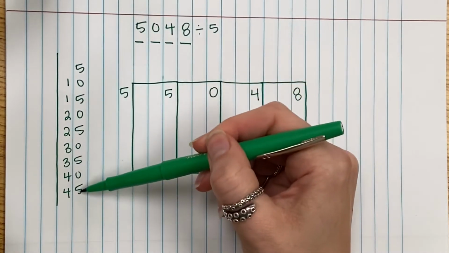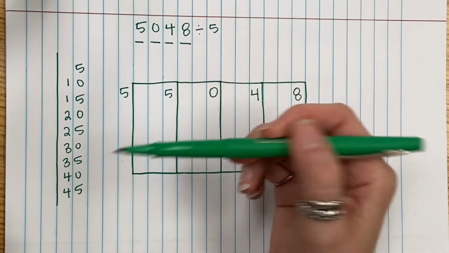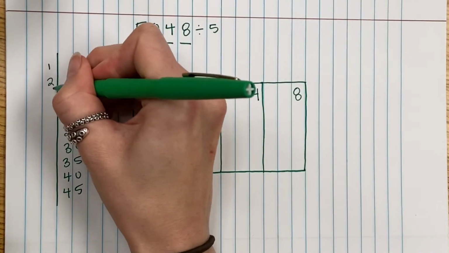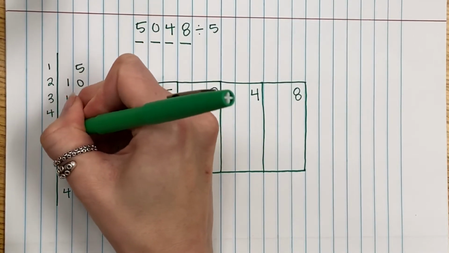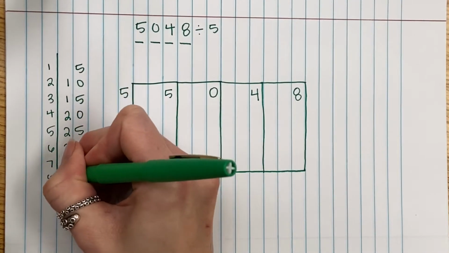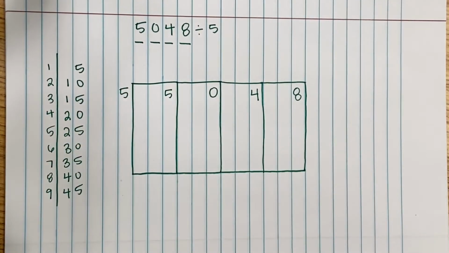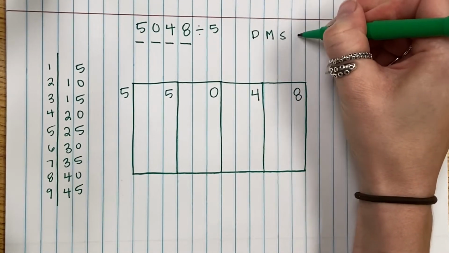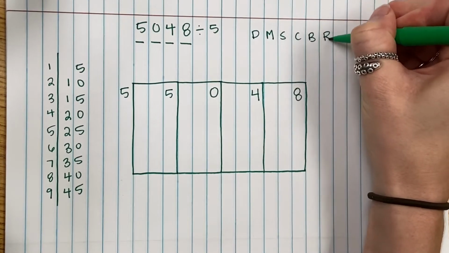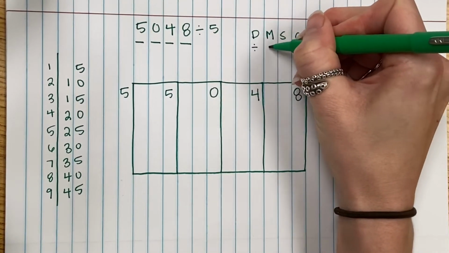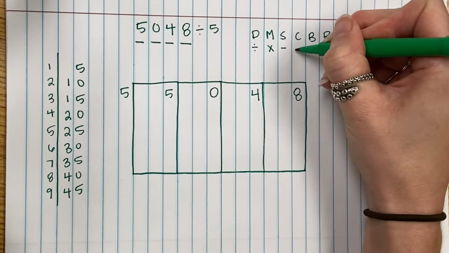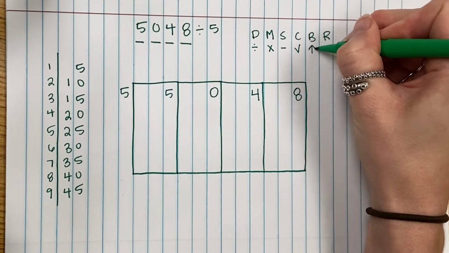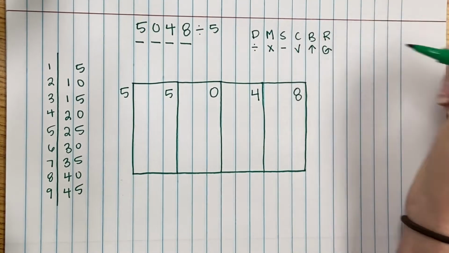So all the 1s are in one column and all the 10s are in another. Okay, so now that I have my multiples, I can go ahead and write my division steps. I like to use the phrase "Does McDonald's Sell Cheeseburgers Regularly?" So I'm going to divide, multiply, subtract, check, bring up, and repeat.